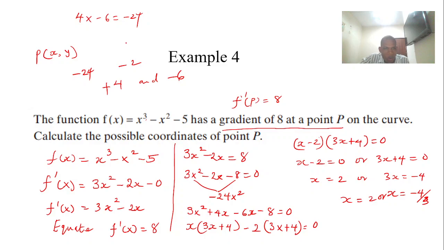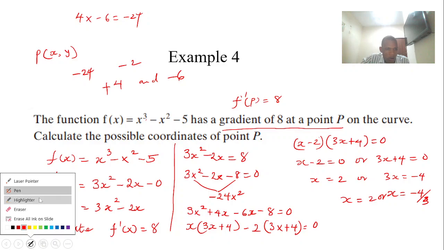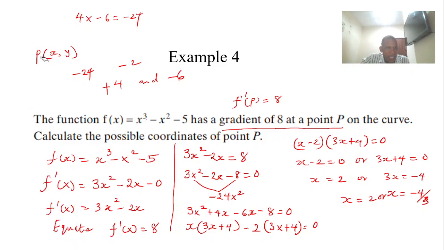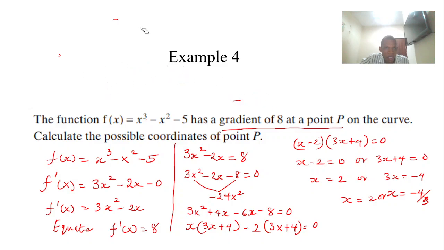Now the question says find the possible coordinates of point P. Don't forget, a coordinate must have x and y, right? So we are going to find the values for y now. When x is 2, let's find what y is going to be.